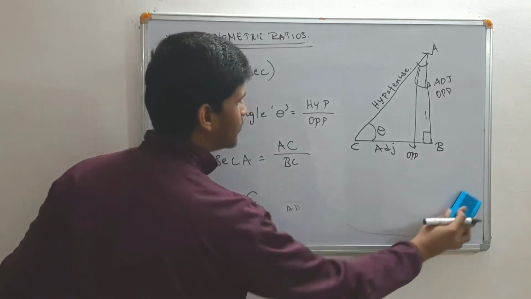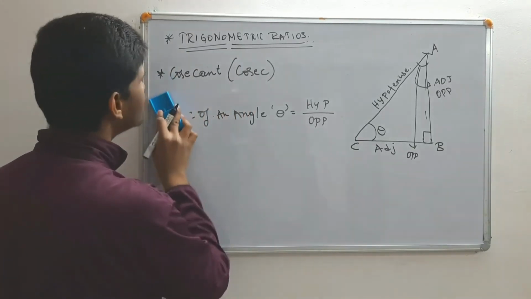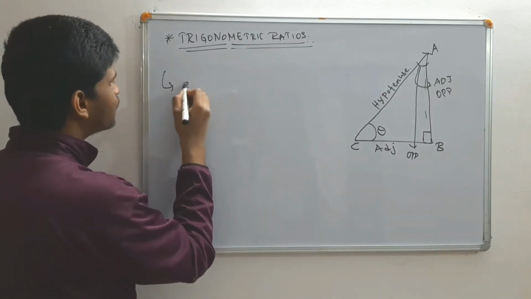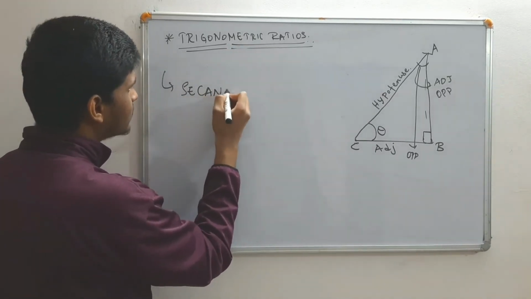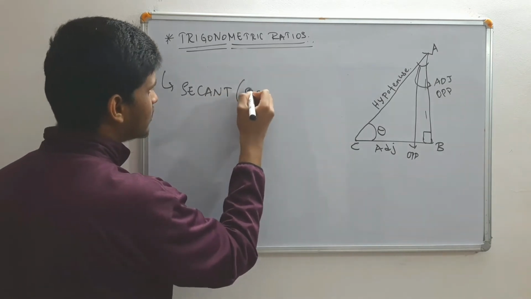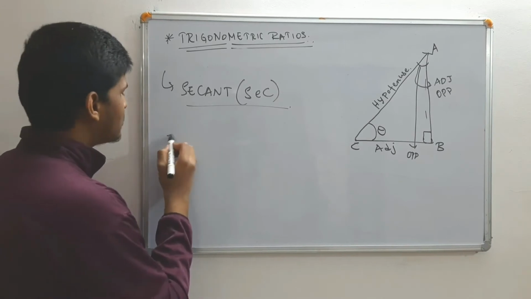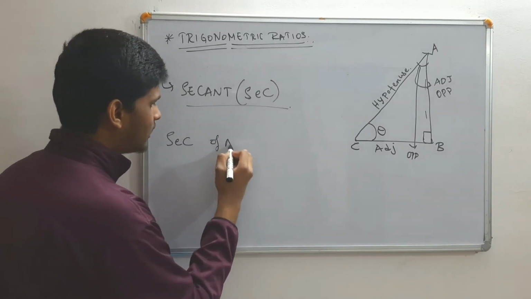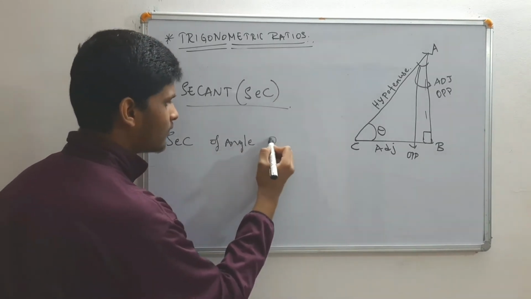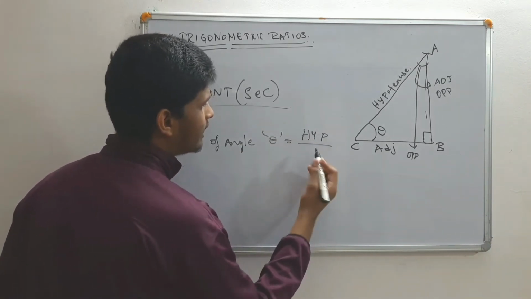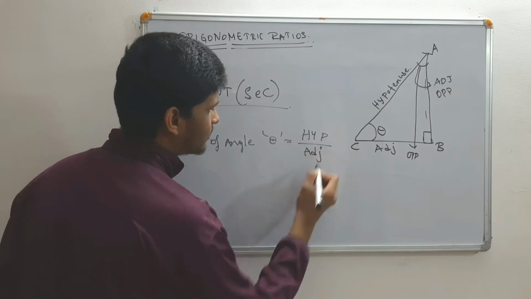And next coming to secant, or sec in short form. Secant of any angle theta is hypotenuse side divided by adjacent.